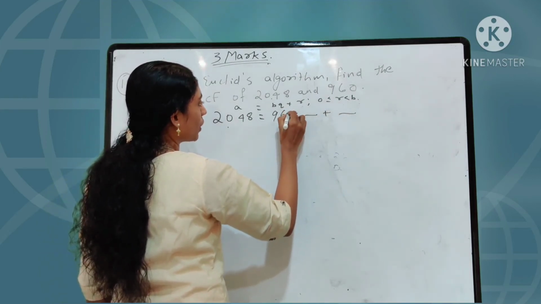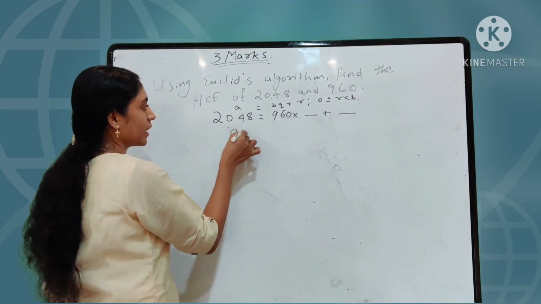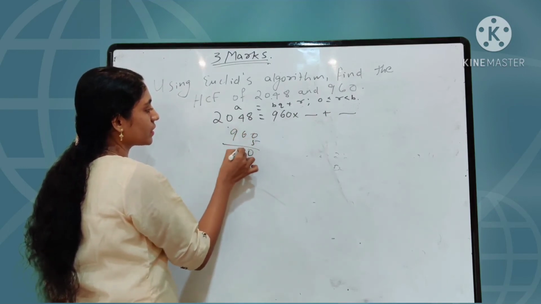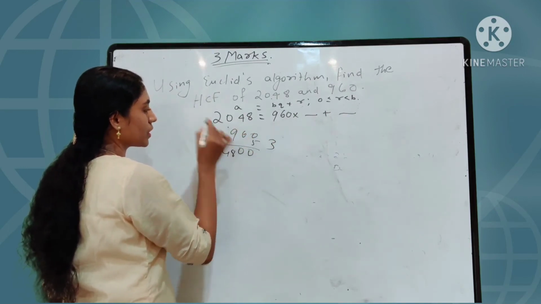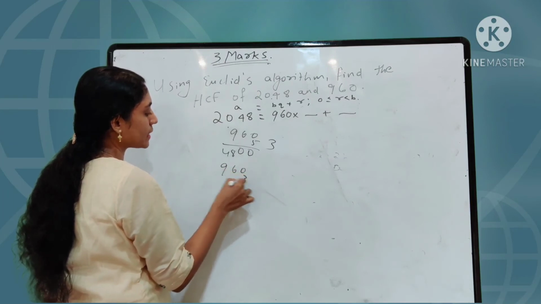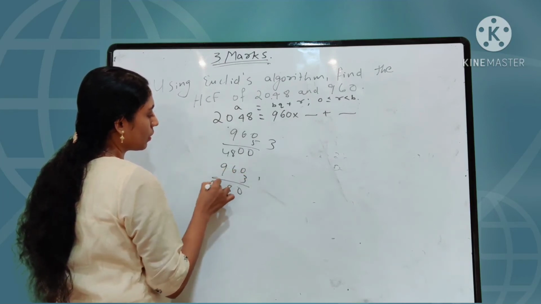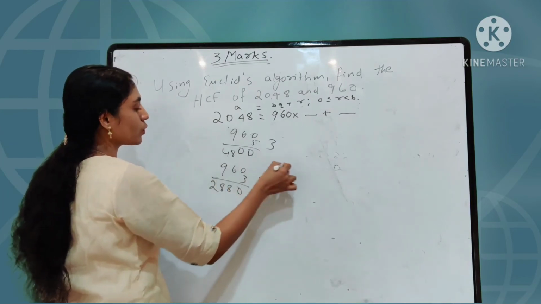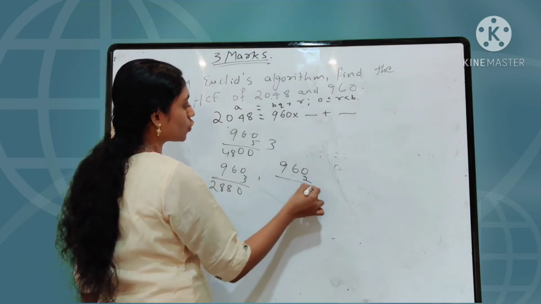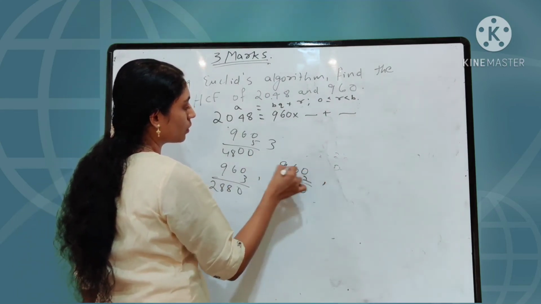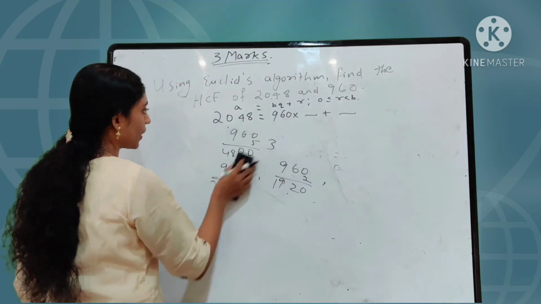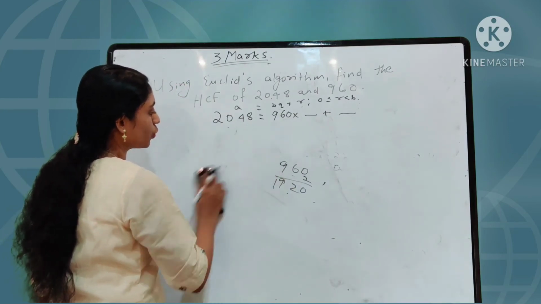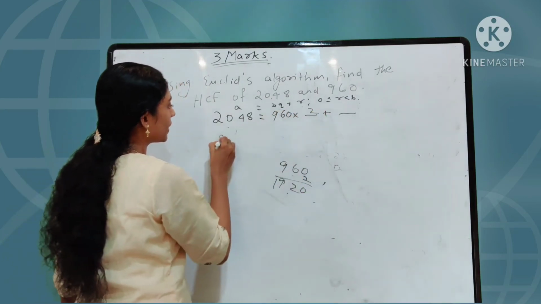We don't know what the quotient and remainder are. Let's check it. 960 into 5 is 4800, which is too large. So 960 into 3 is 2880, which is also larger. So 960 into 2 is 1920.